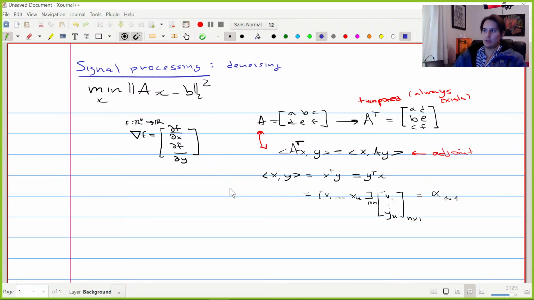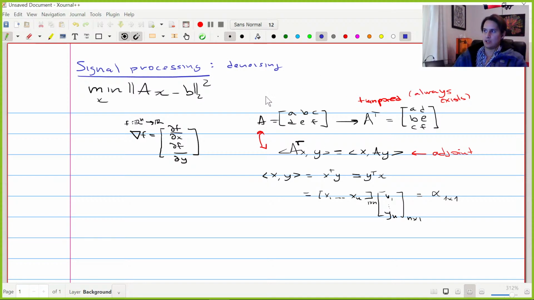Brief reminder of what you have seen until this day is that you have already seen what the adjoint of an operator is and how it is related with the transpose of the matrix that represents the linear system.